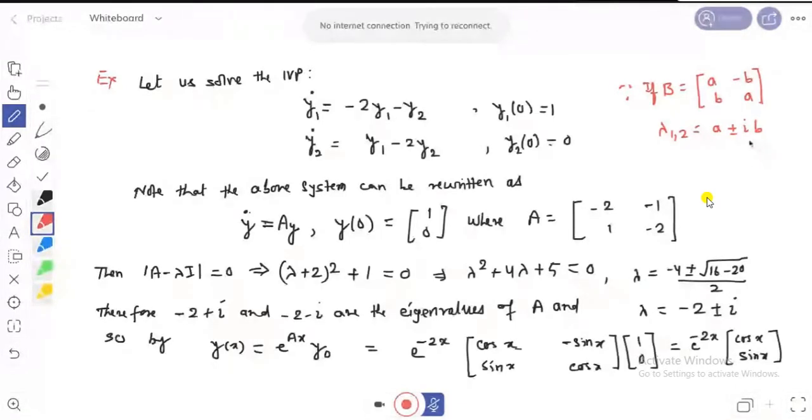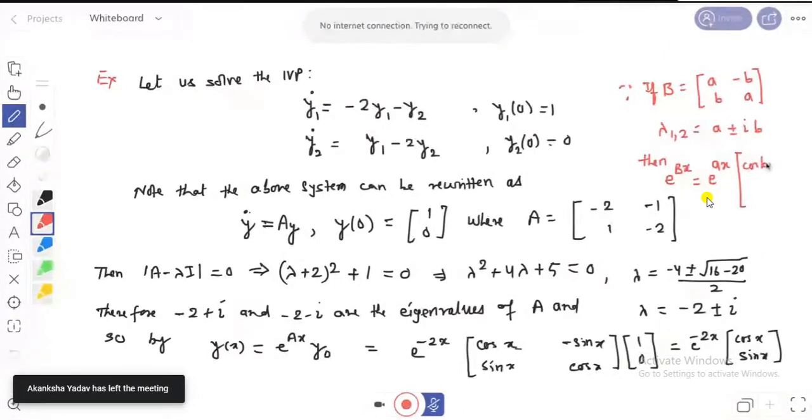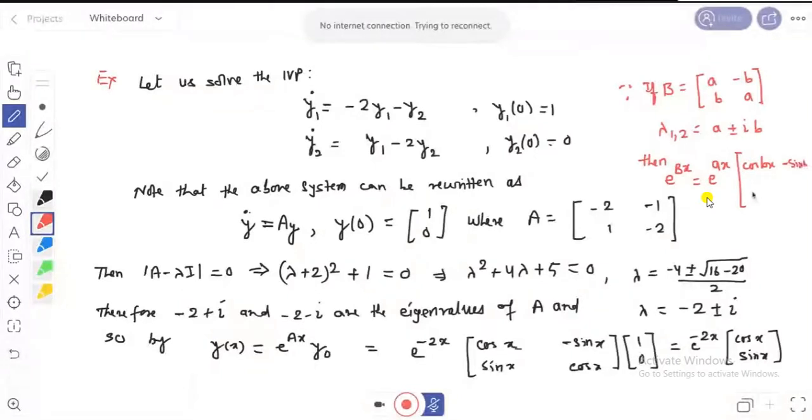Okay, so then what is the e to the power bx, which is the exponential of this, is equal to e to the power ax, this is the real part, and this is cos bx, minus sin bx, this is sin bx, and here cos bx.